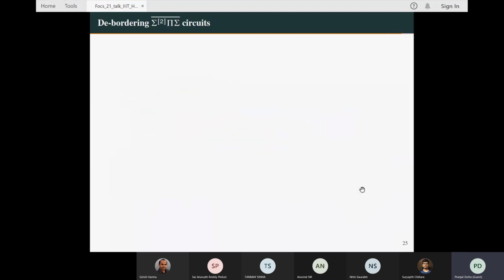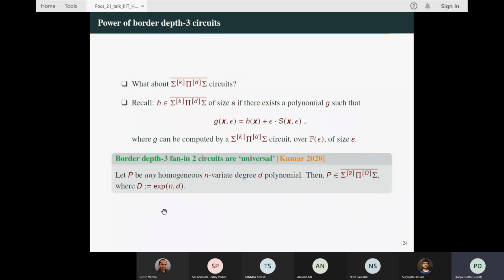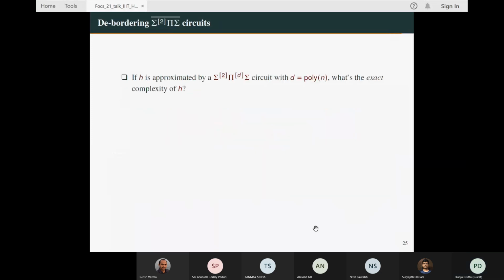Okay, so now let me quickly go through that. What do we mean by debordering ΣΠΣ circuits? Remember, the proof required d to be exponential in n and d, if you start with an arbitrary P. But now let's restrict ourselves to polynomial size circuits.